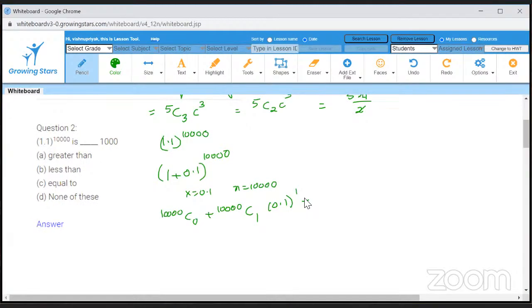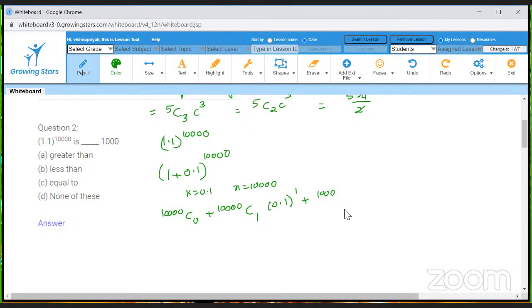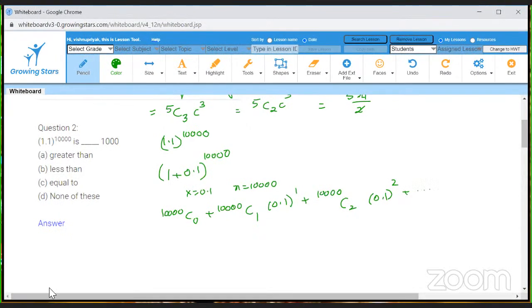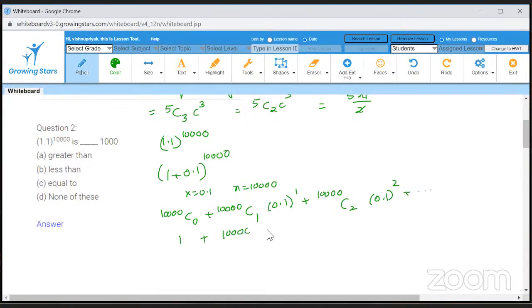Next nC2, x power 2. So on it will continue. 10,000 C0 is 1. 10,000 C1 is 10,000 times 0.1.